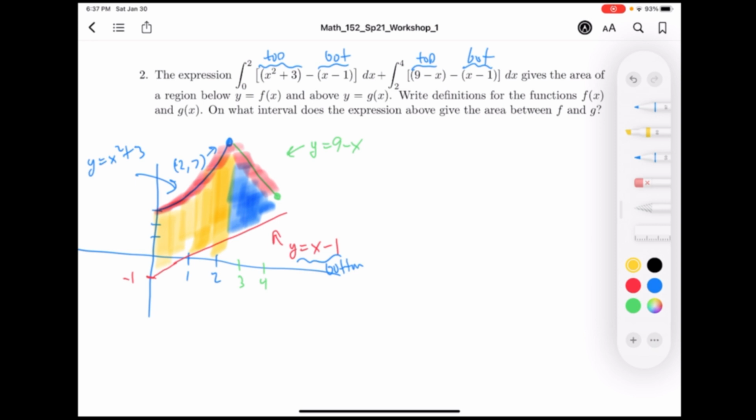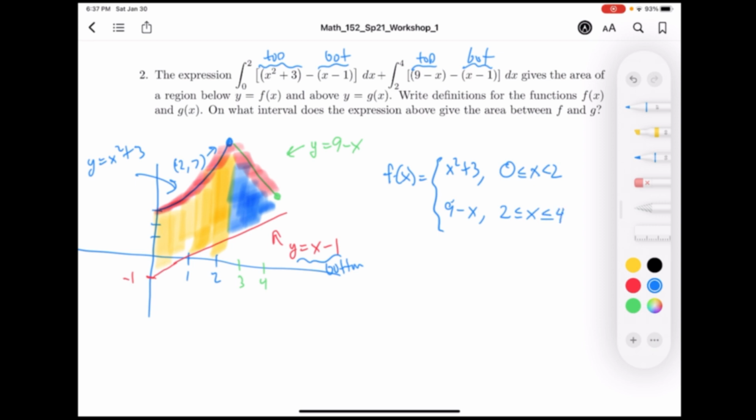So we have to define that. And the way that I would do it is I would say that f of x is equal to x squared plus 3 for the interval 0 less than or equal to x less than 2, and it's equal to 9 minus x for 2 less than or equal to x less than or equal to 4.